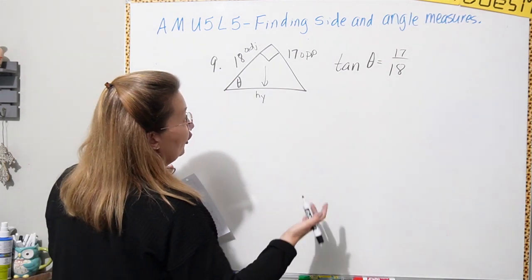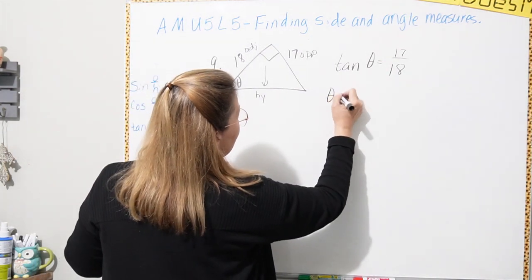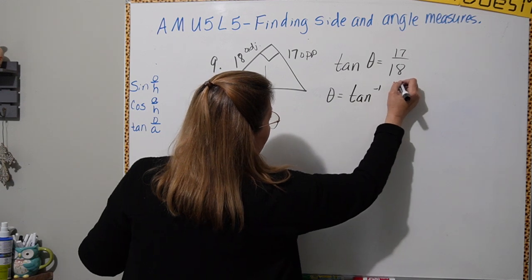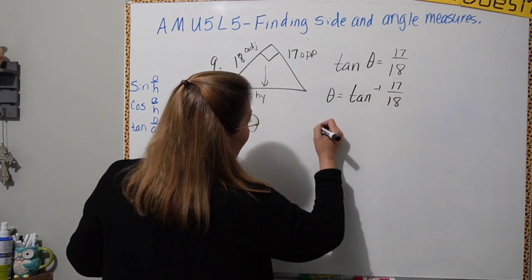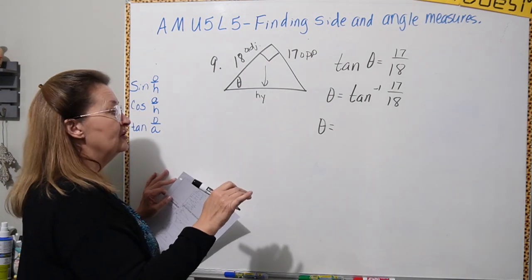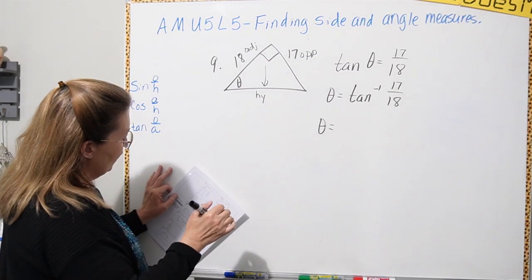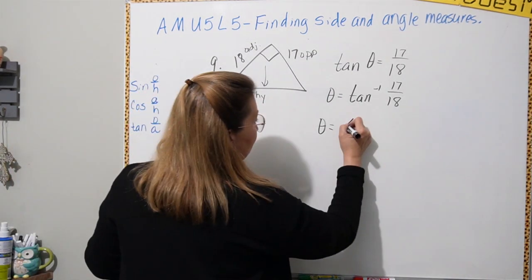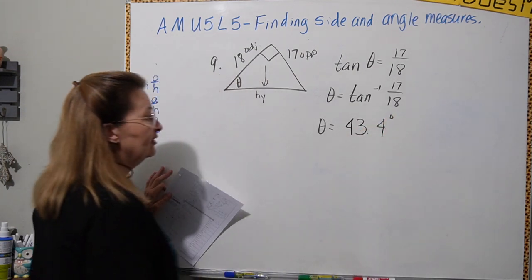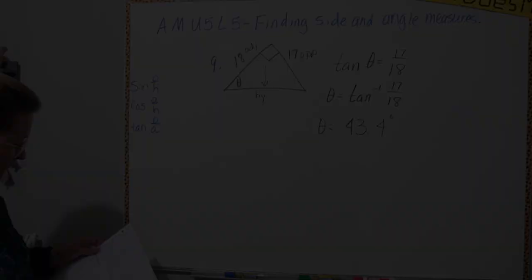Then I'm going to use that definition. Therefore, theta is equal to inverse tangent of 17 over 18. I'm going to hit the tangent button twice, 17 over 18, and that's going to tell me 43.4 degrees when rounded off to the nearest tenth.